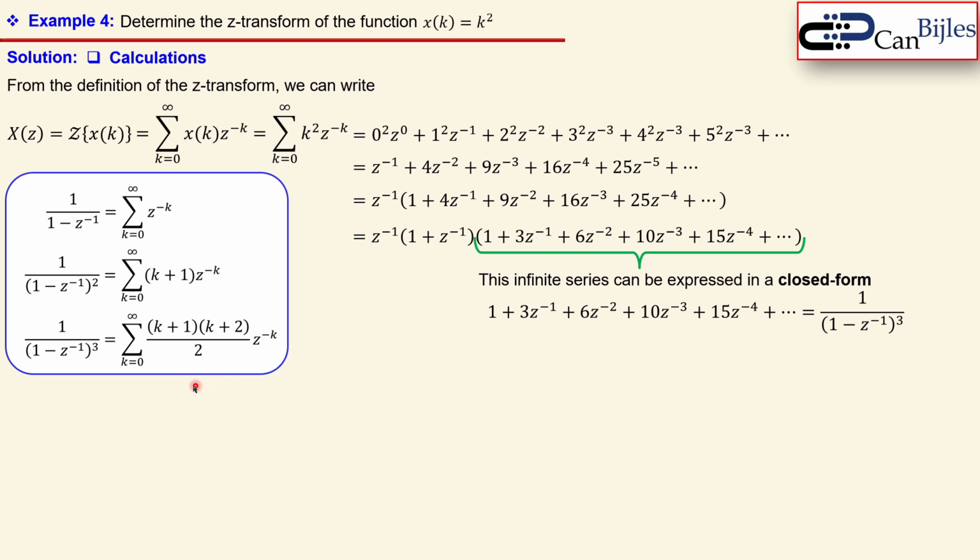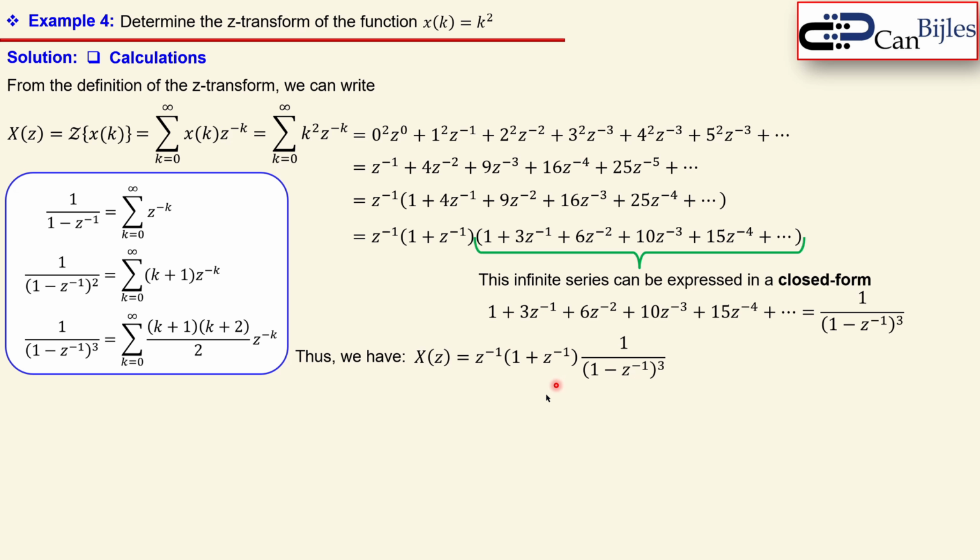For k is 2, it will be 2 plus 1, 3 times 4, so 12 over 2 will be 6, and then times 0 to the power minus 2. That's all shown here, and that will end up as this one. So this is what we can use as a formula. Thus this whole thing can also be expressed like so.